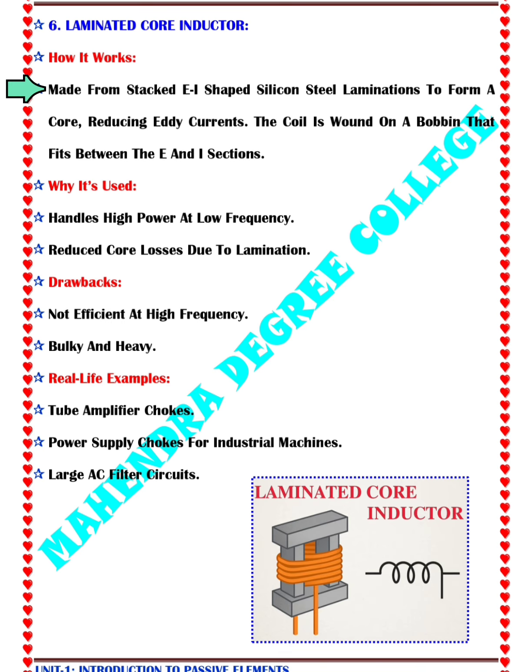In simple explanation, made from stacked EI-shaped silicon steel laminations. It means EI shape means each lamination looks like the letters E and I. Stacking means multiple E and I laminations are stacked together to form a complete core.